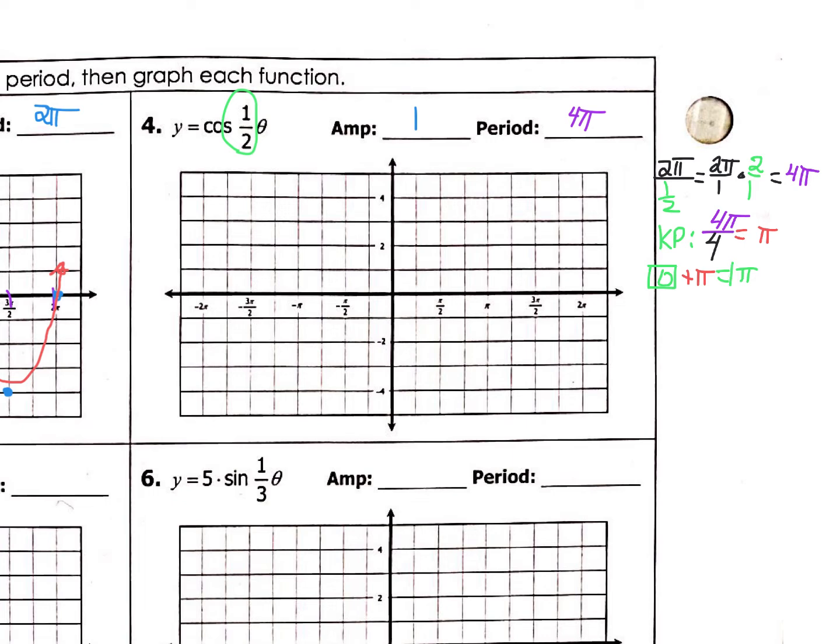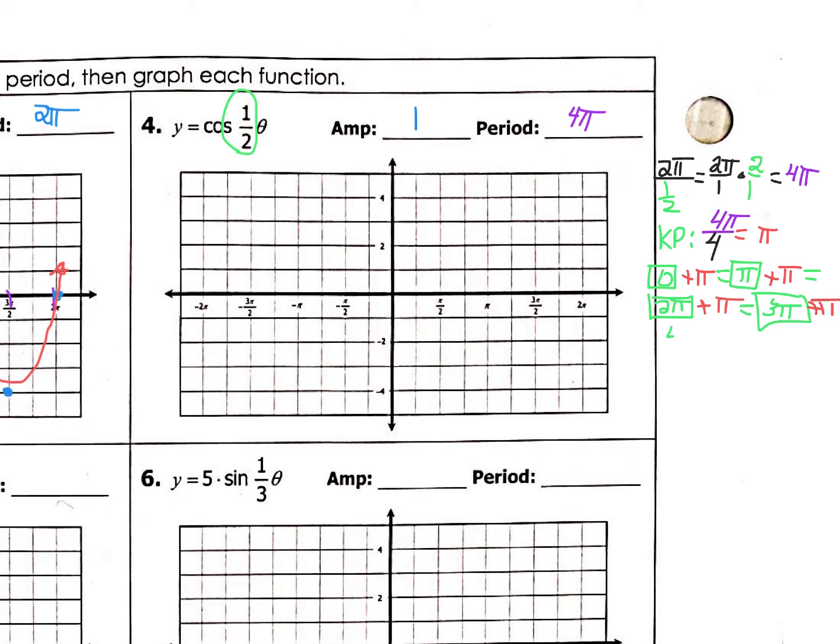So then our second key point is pi. And then we're going to add another pi. So then our third key point is 2 pi. Add another pi, because we need 5 total. We get 3 pi. And then we're going to add another pi.